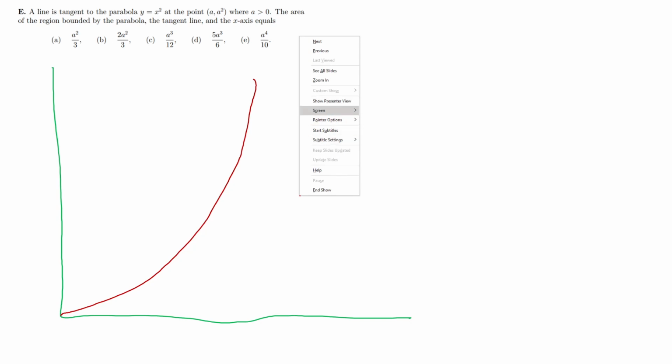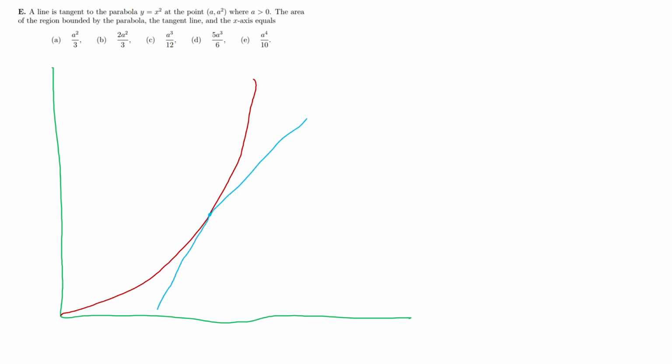And then we want to pick some point. Let's use blue. Can I pick blue? Yeah, I can. We want to pick our point a squared, so let's just say it's here. And we're trying to draw some tangent. Pretend that's a good line. It's not a good line, it's a terrible line, but pretend it's a straight line that is tangent.